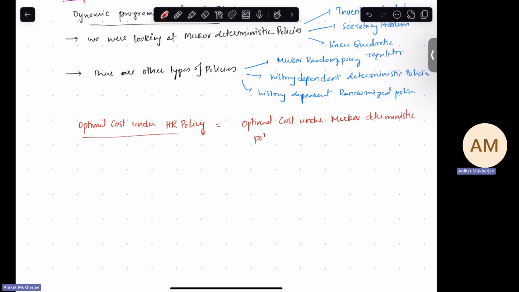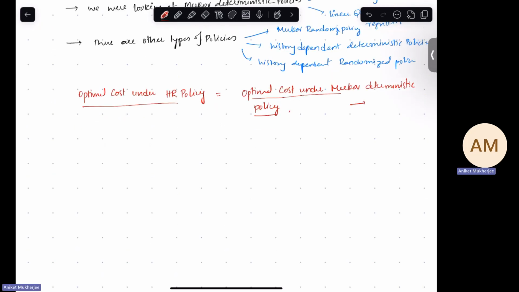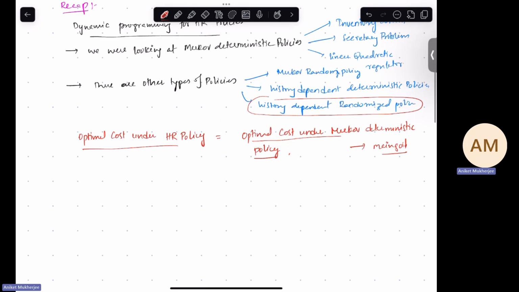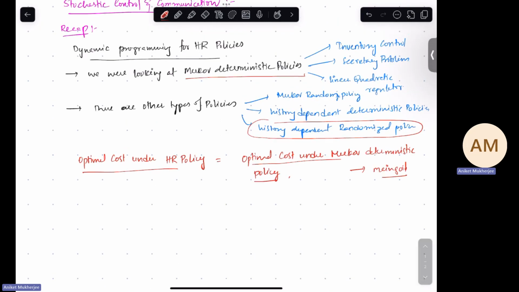Right? This is what we want to show. Okay, this is our main goal. If I know this, then I don't need to search under all the history dependent randomized policies. It is just sufficient to search under all the Markov deterministic policies.